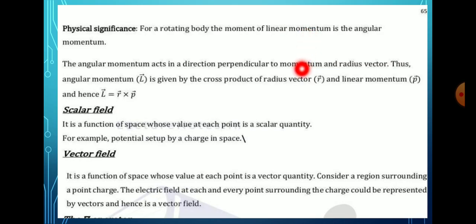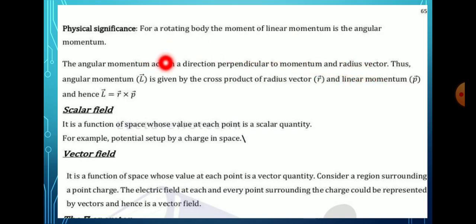We denote the linear momentum as p bar. Linear momentum is defined as the product of mass and velocity, so the angular momentum acts in the direction perpendicular to the linear momentum and radius vector.